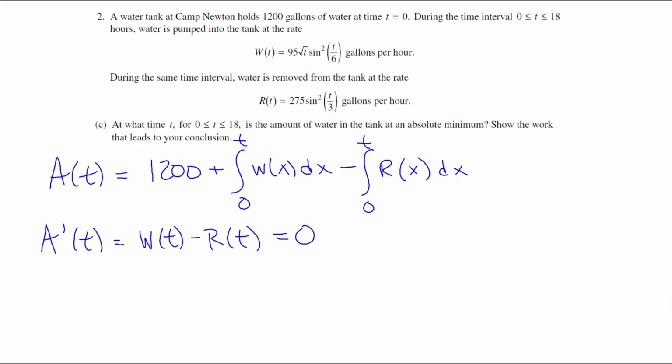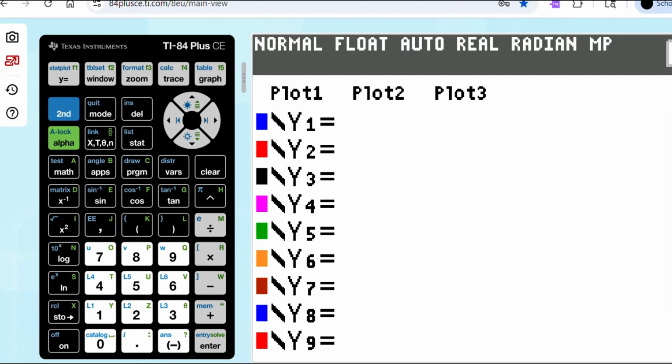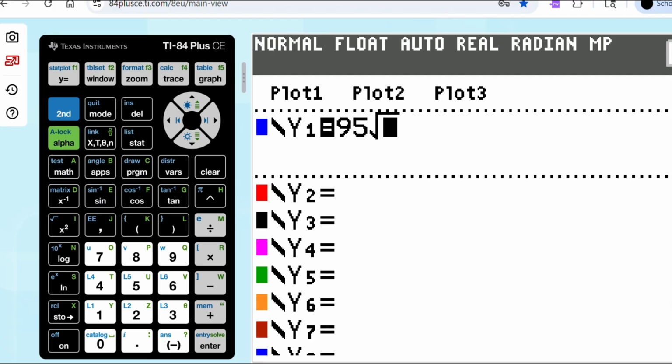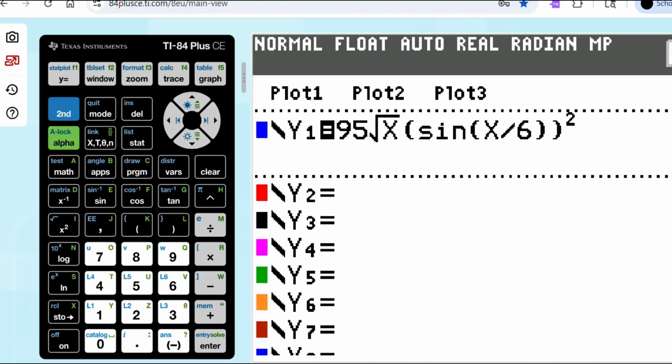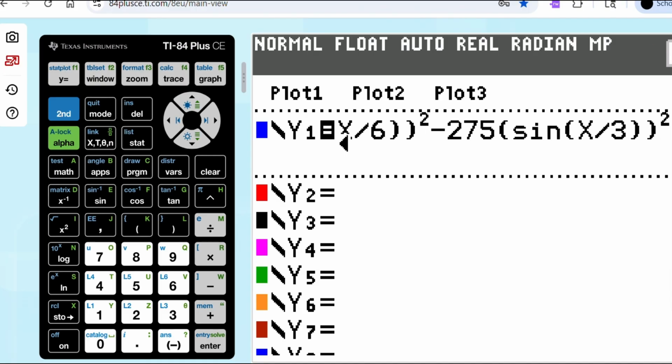And so what we'll do is we'll go in and graph y equals W minus R, and look for its x-intercepts. So once again, W was 95 times the square root of x, and then the sine of x over 6, squared, and then R was 275 times the sine of x over 3, and that was also squared.